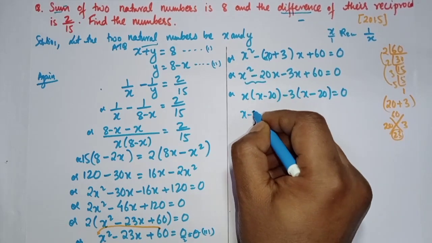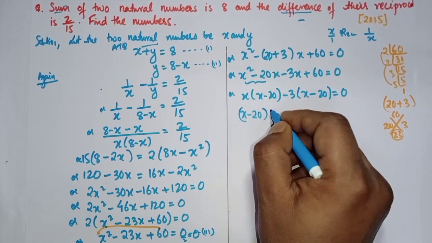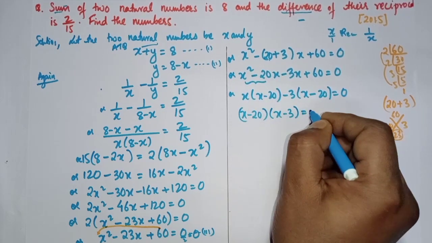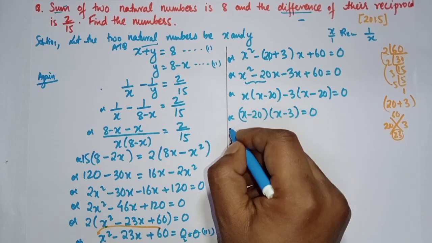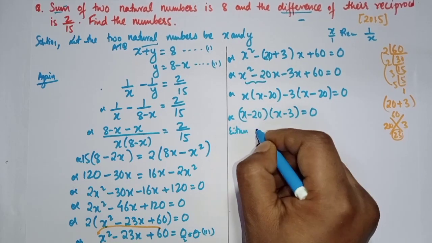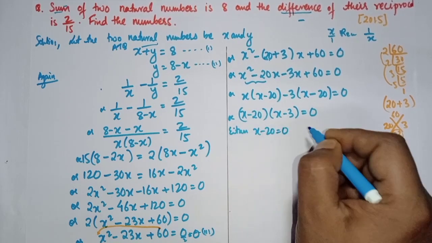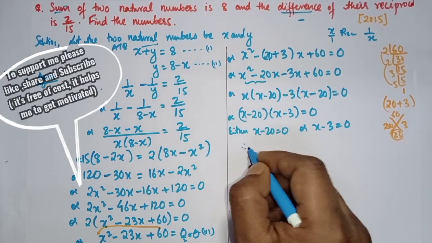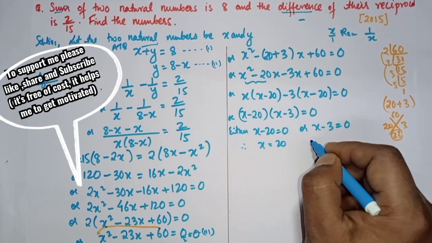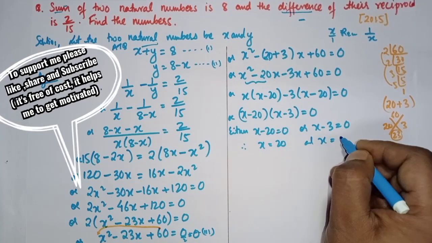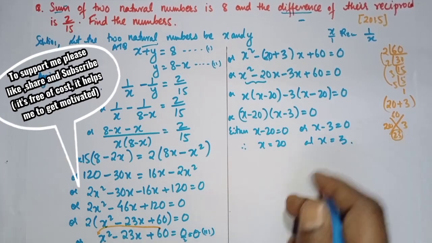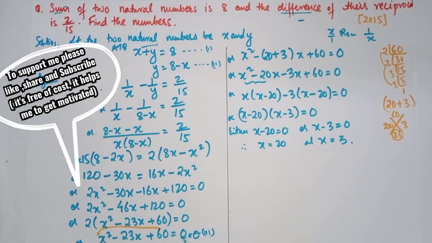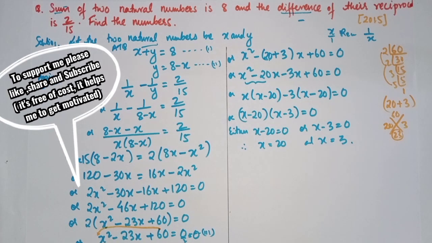So what I'll get? X minus 20 and this another bracket x minus 3 is equal to 0. Now what I have to do? Either x minus 20 equals 0 or x minus 3 is equal to 0. So therefore I got x equals 20 and x equals 3.